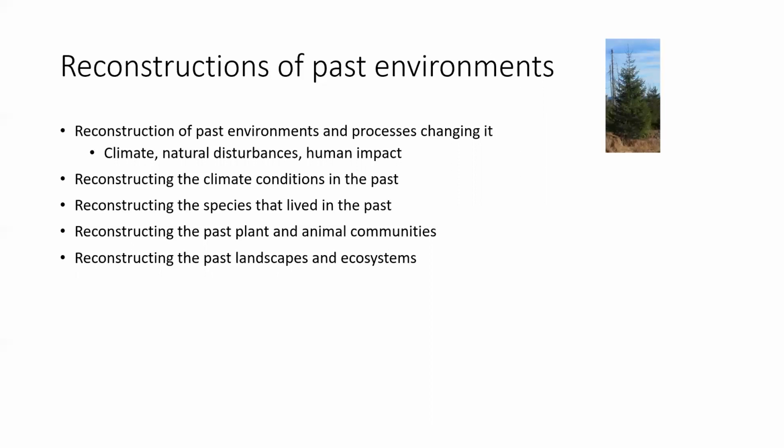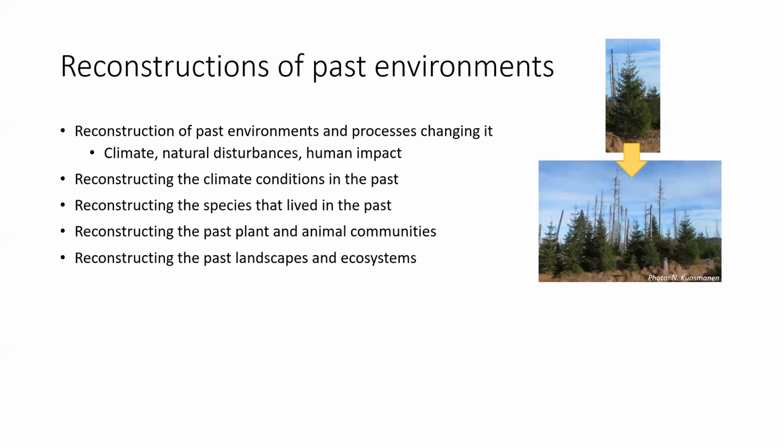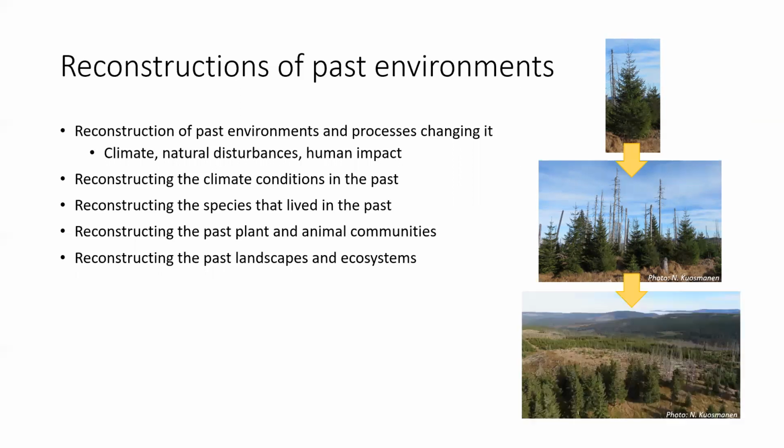We can look at just one species, for example spruce: how spruce forests have changed, when spruce migrated to Finland, and what kind of climate or other environmental conditions these plants and animals had. Or we can look at communities, such as plant communities of forests, and go to bigger scales.